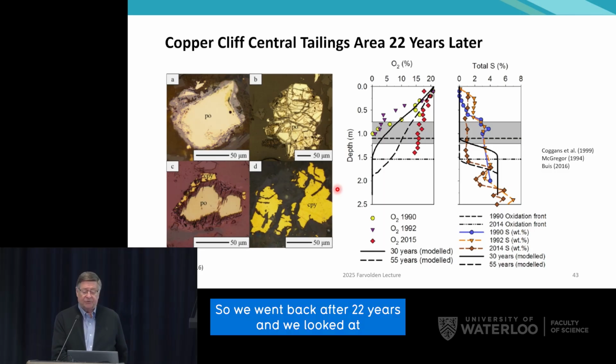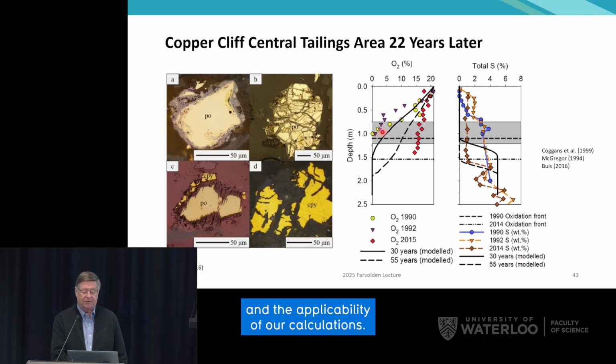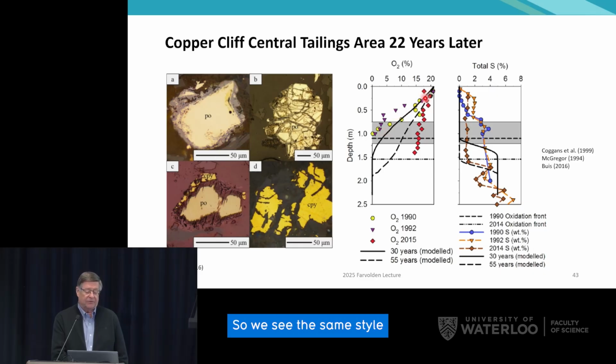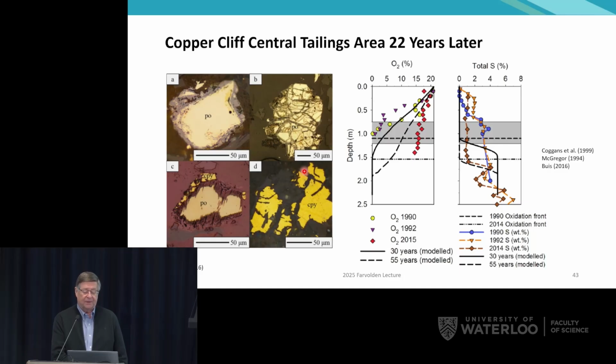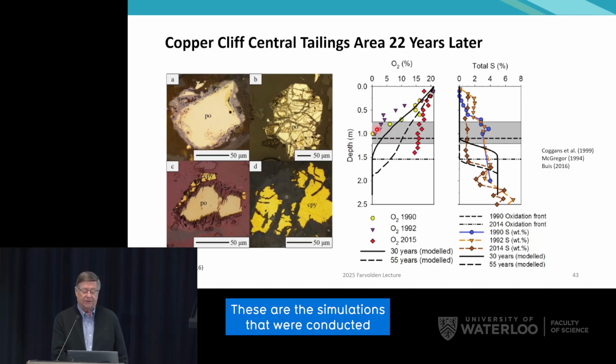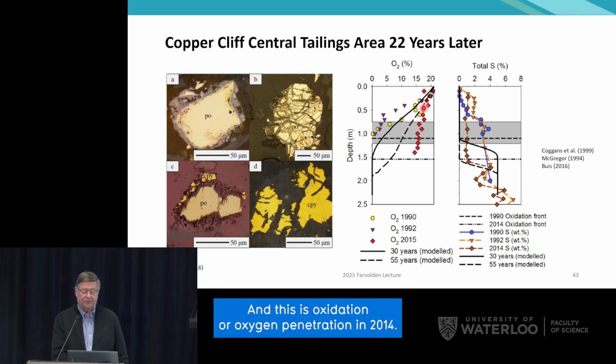So we went back after 22 years and we looked at what was going on to check up on the progress and the applicability of our calculations. So we see the same style of oxidation as described by the shrinking core model. These are the simulations that were conducted looking at oxidation in 1991 and 92. And this is oxidation or oxygen penetration in 2014.